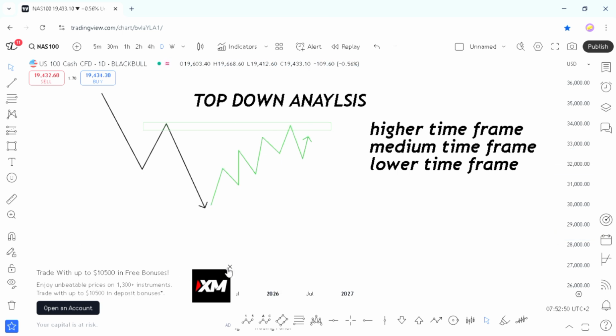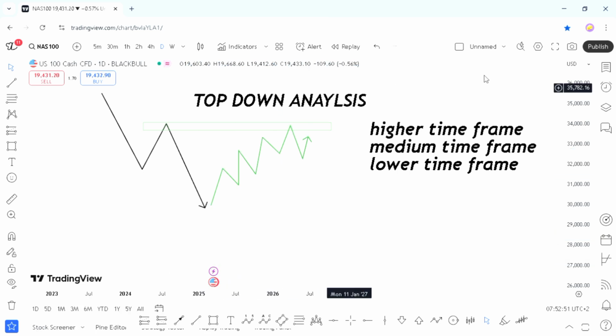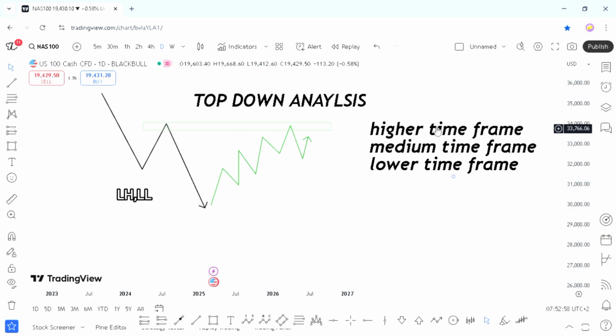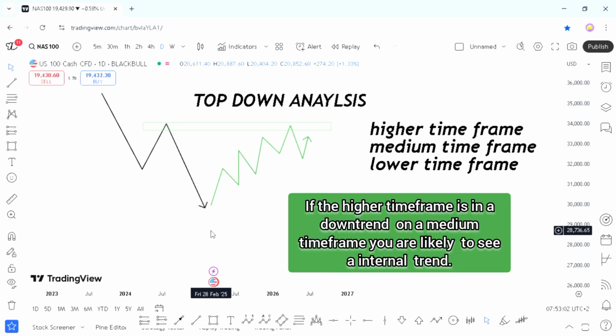So what I'm trying to say, guys, is if we're having a downtrend on the daily higher time frame, we will be moving on higher highs, higher lows on the medium time frame. This is a trend.